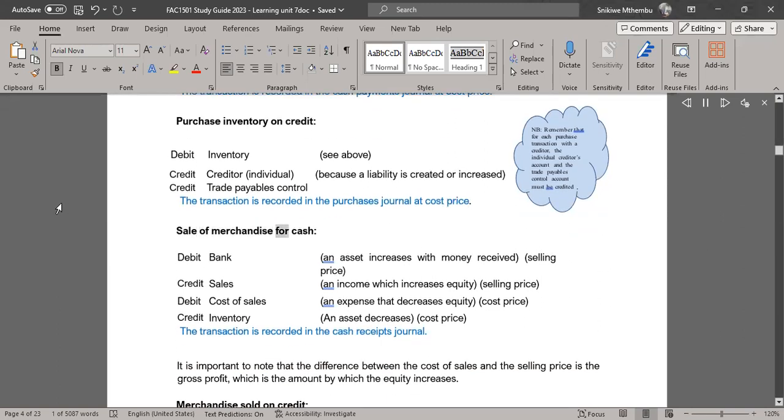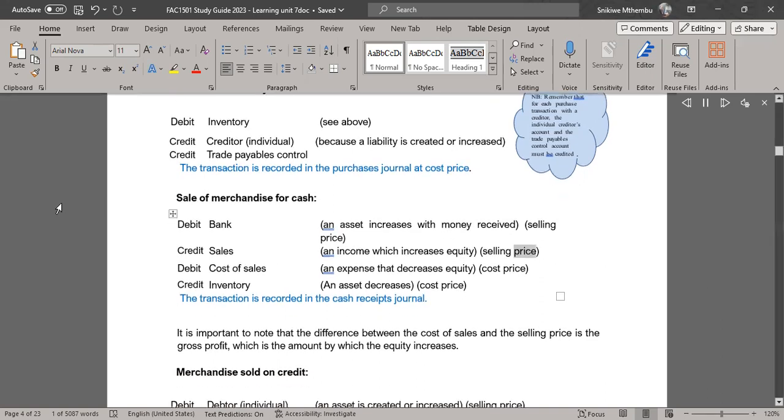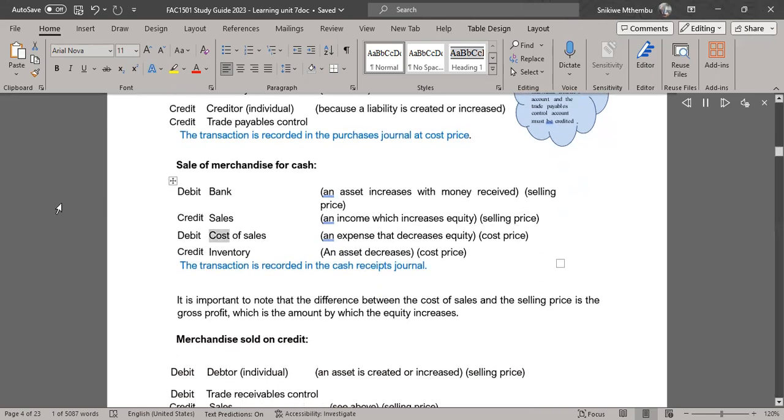Sale of merchandise for cash. Debit bank. An asset increases with money received, selling price. Credit sales. An income which increases equity, selling price. Debit cost of sales.